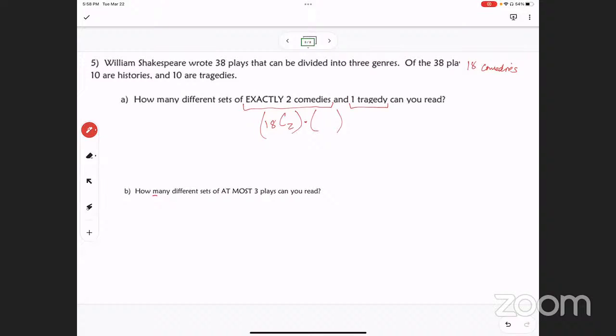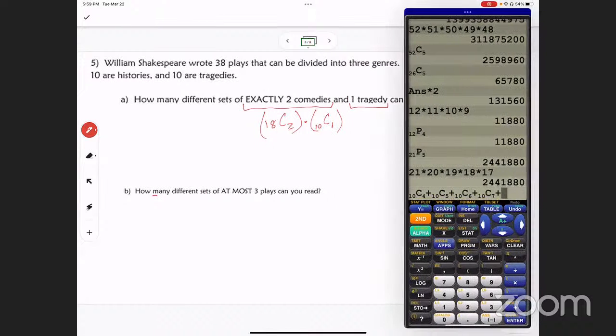I forget, it's the multiplication principle of probability. You probably learned it. And 1 tragedy. There's 10 tragedies and you're choosing 1 of them, which is just 10, by the way. So 18 choose 2 times 10 choose 1. And that would be your answer.